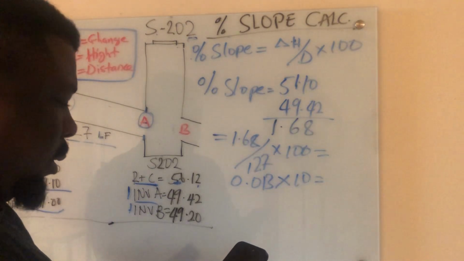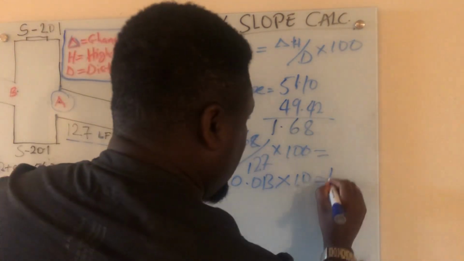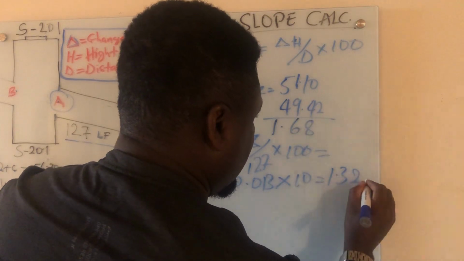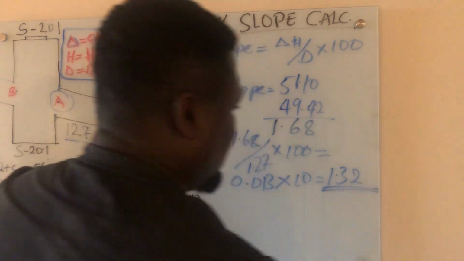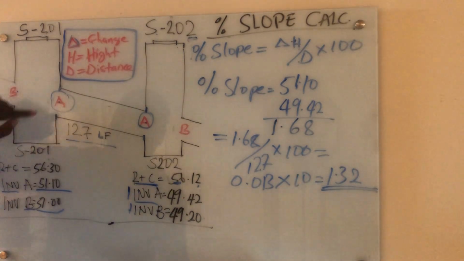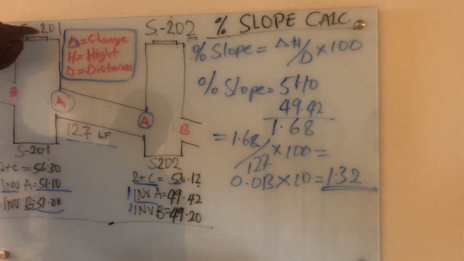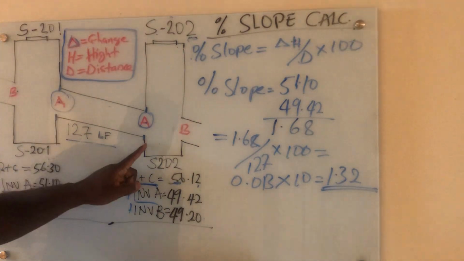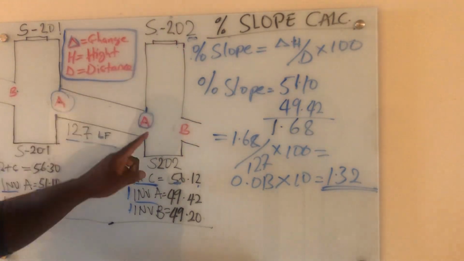So that is the slope, the change in height between inlet A of structural drawing 201 and inlet A of structural drawing 202.